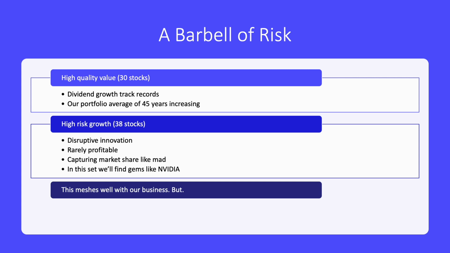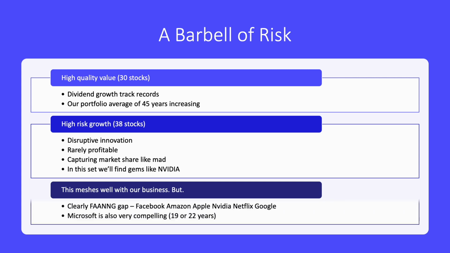But as somebody pointed out, there's clearly a FANG gap: Facebook, Amazon, Apple, NVIDIA, Netflix, Google, though we're currently invested in NVIDIA and have been invested in Google previously when they had their IPO. Microsoft, I think, is also very compelling. I believe they have 19 or 22, somewhere in there, years of dividend increases. So sooner or later, they'll be coming on our radar for our dividend growth strategy.